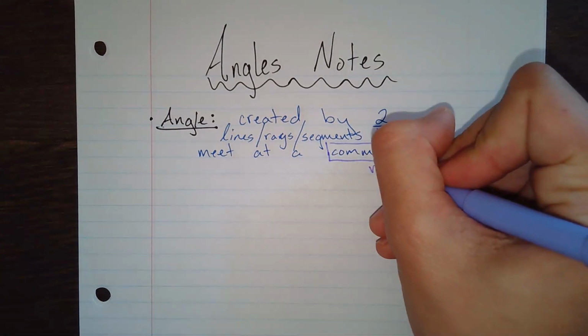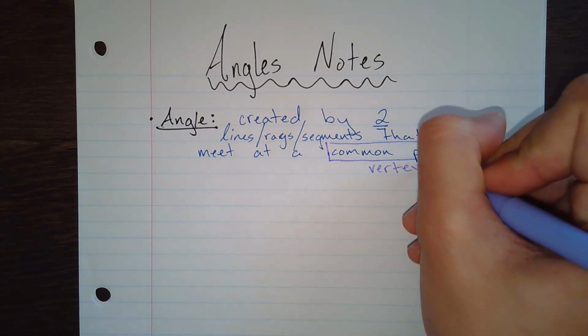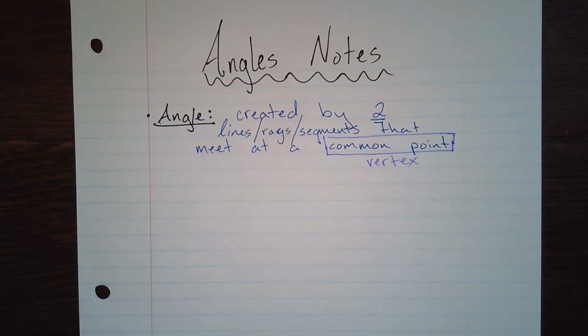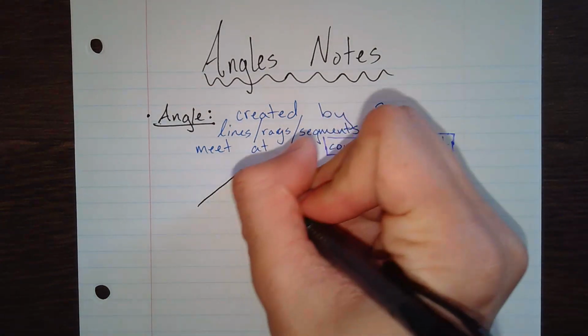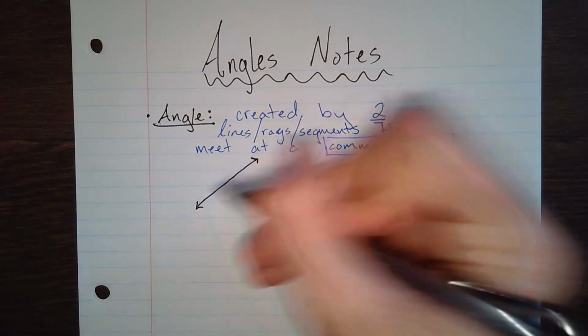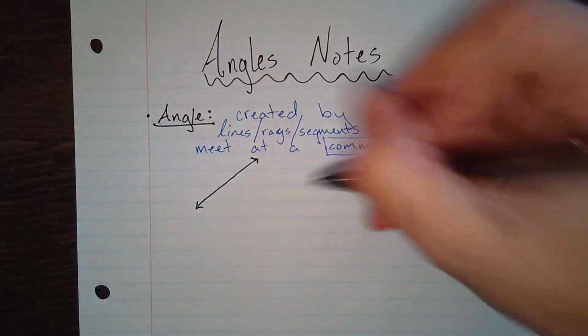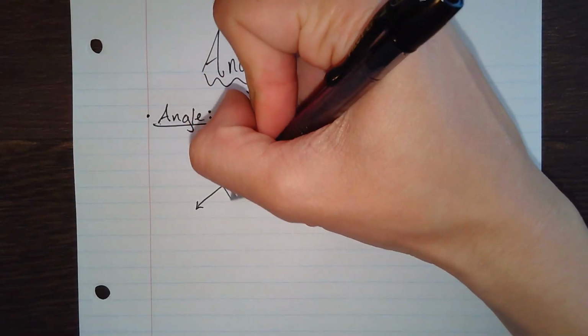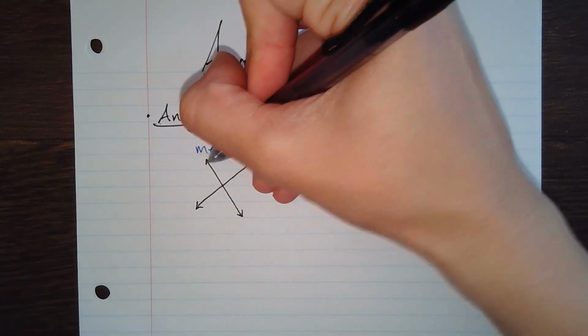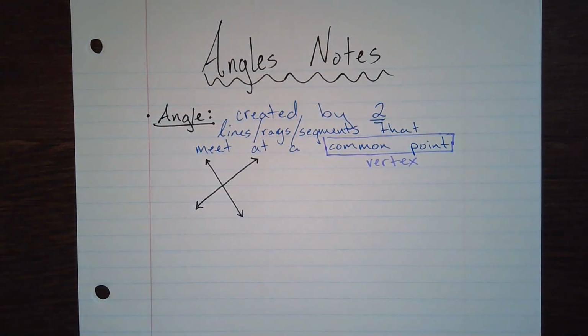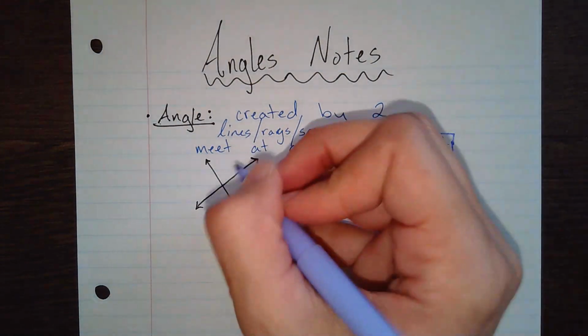Okay, it's also known as our vertex. And so it could look like this. We might have two lines. Remember, lines are the ones that have arrows on both sides. So we might have two lines that are meeting at the same place.